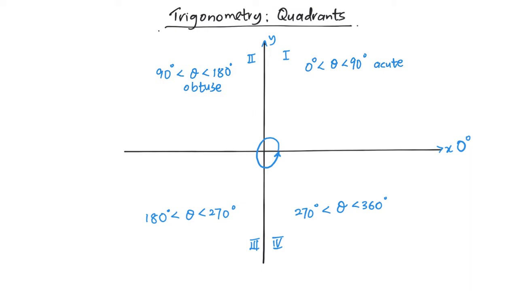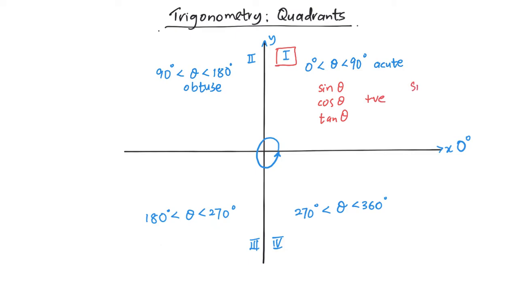Okay, so how does that impact the trig? So we have sine, cos, and tangent. So let's focus on the first quadrant. First quadrant, this is where sine theta, cos theta, and tangent theta, all will be positive.